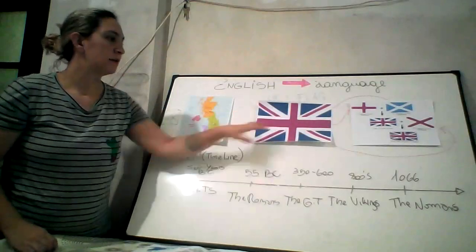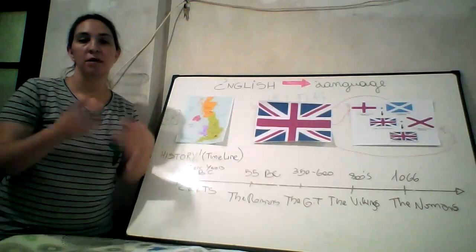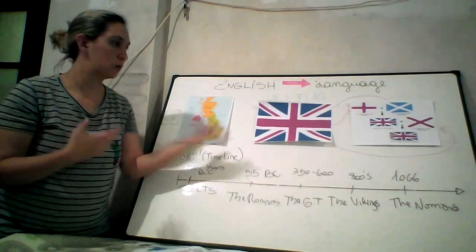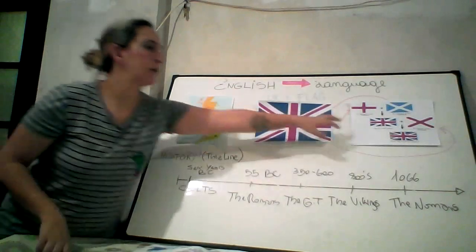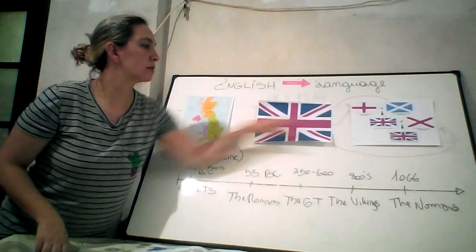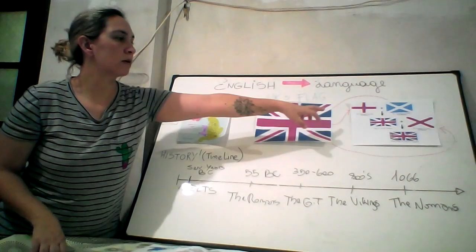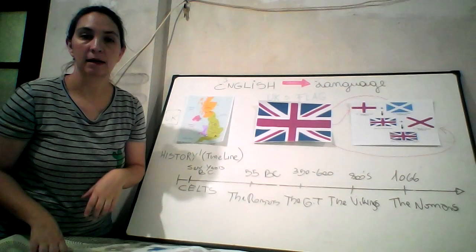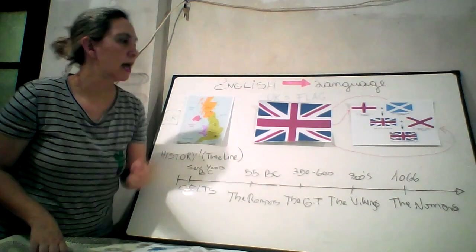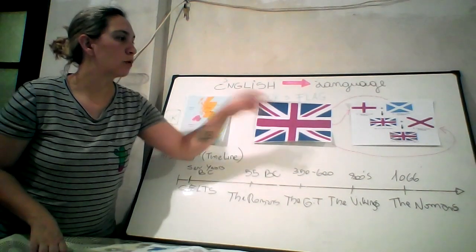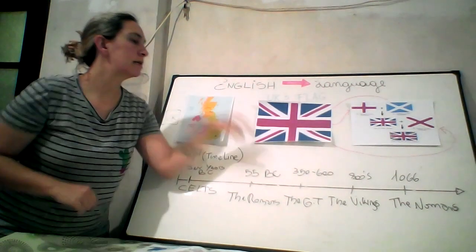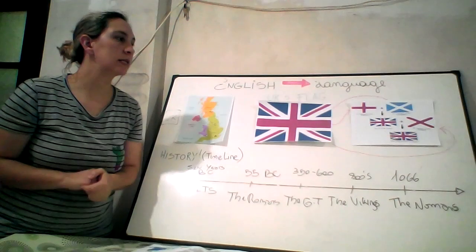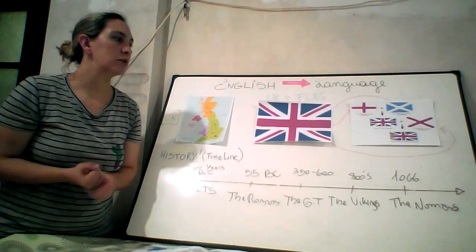Now I'm going to mention something about the flag of the United Kingdom. The flag is made up of different parts from other places. Those places are here. We have, for example, the Red Cross, which belongs to the English flag, and it's called St. George's Cross. Then we have the white X, that belongs to Scotland, and it's called St. Andrew's Cross.